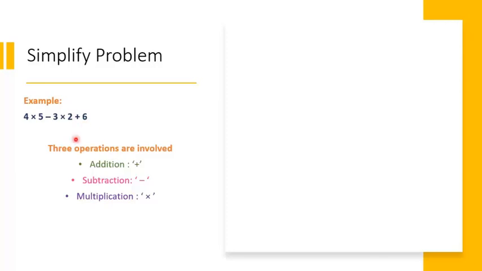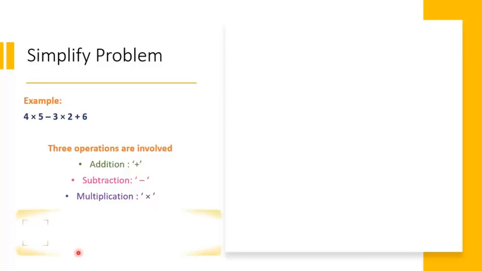So a simplified problem is a problem in which two or more operations are involved. In this particular question, the operations involved are addition, subtraction and multiplication.